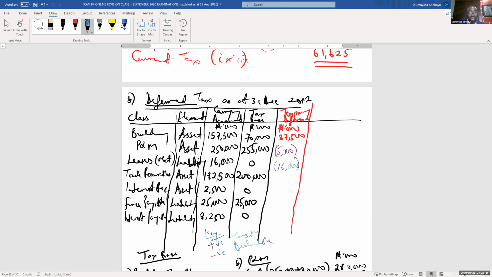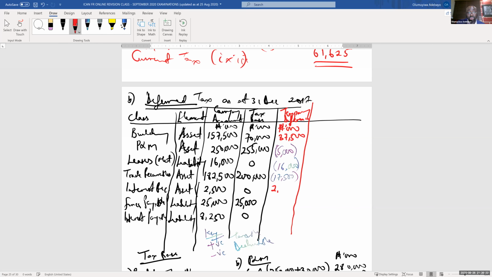Now, for assets, here again, for trade receivable, the carrying amount is less than the tax base. It's also deductible of 17,500. Right. Now, for interest receivable, an asset, the carrying amount is greater than tax base. Therefore, that is taxable.